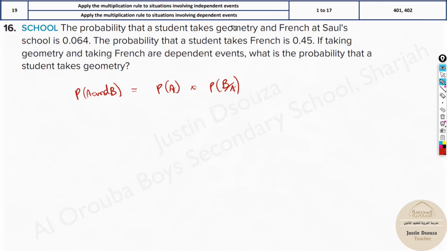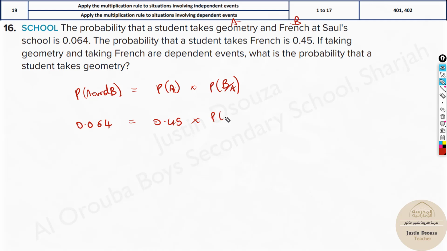Now here, A is say taking geometry and B is French. The probability that the student takes geometry and French at the school is 0.064. This is P of A and B. What is the probability of A? The probability that a student takes French is 0.45. If taking geometry and taking French are dependent, what is the probability that a student takes geometry?